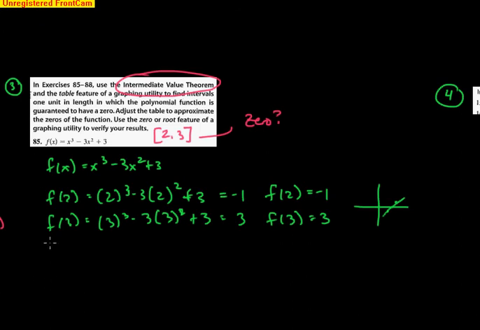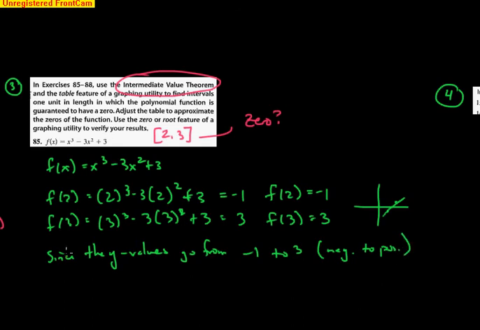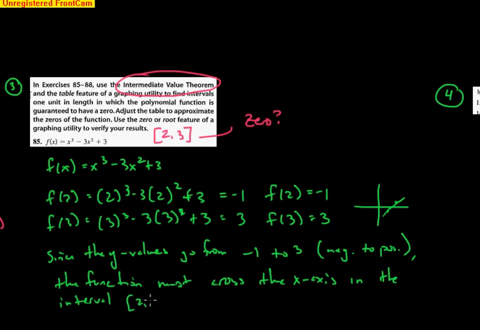So somehow verbalize it like, since the y values go from -1 to 3, and again, just emphasize negative to positive, the function must cross the x-axis in the interval 2 to 3.